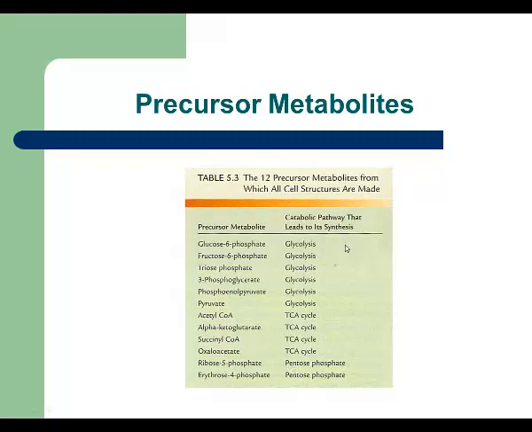So the first 6 metabolites will be formed by glycolysis. The next 4 will be made by TCA cycle, and the last 2 by pentose phosphate pathway.